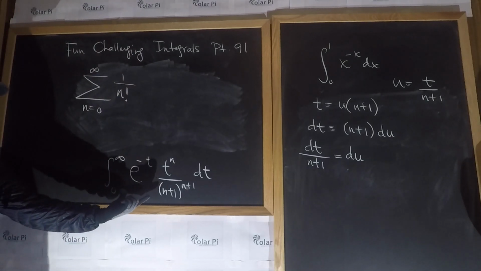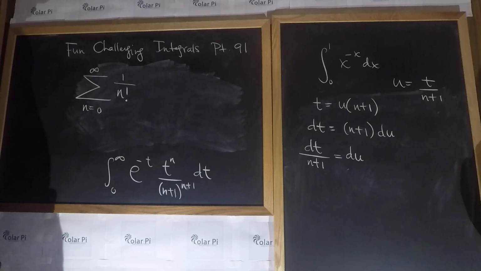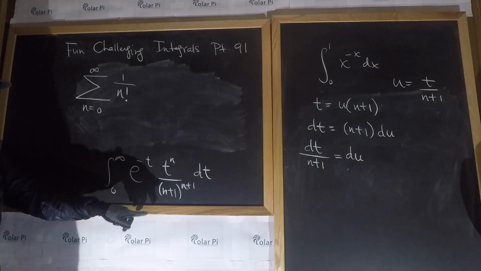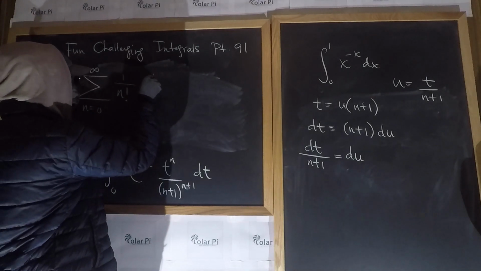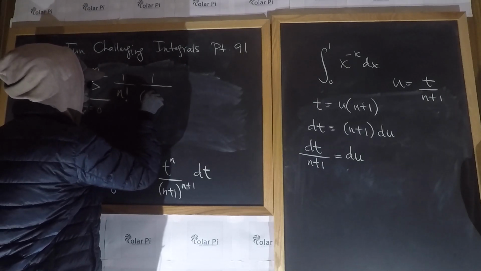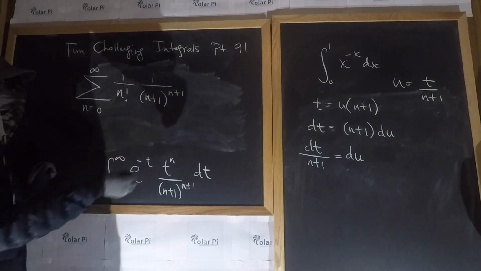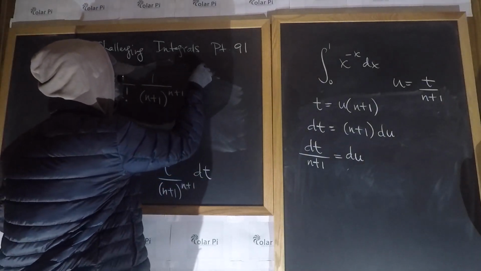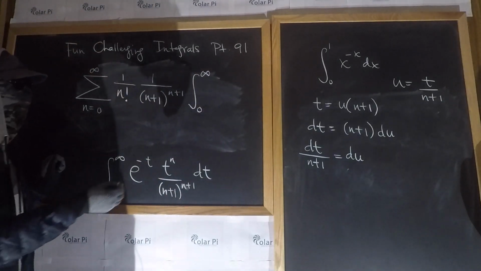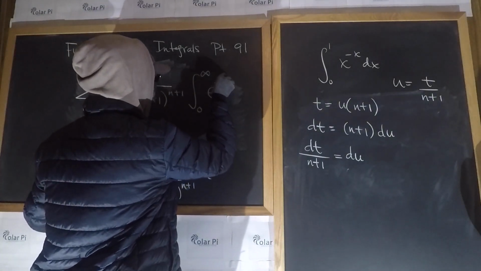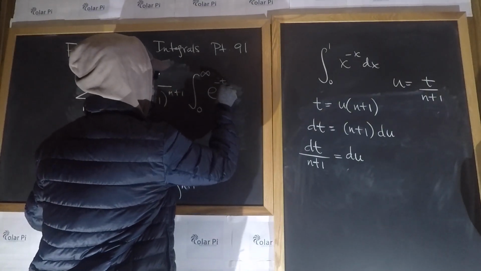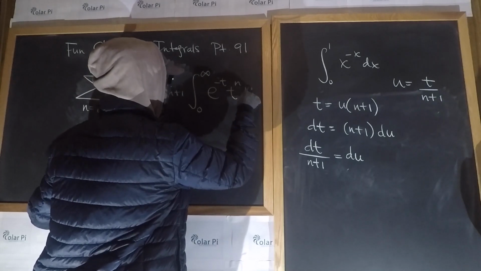And then after that is this. Now I could take out the 1 over n plus 1 to the power n plus 1, and the rest of it will be the integral from 0 to infinity of e to the minus t times t to the n dt, right?